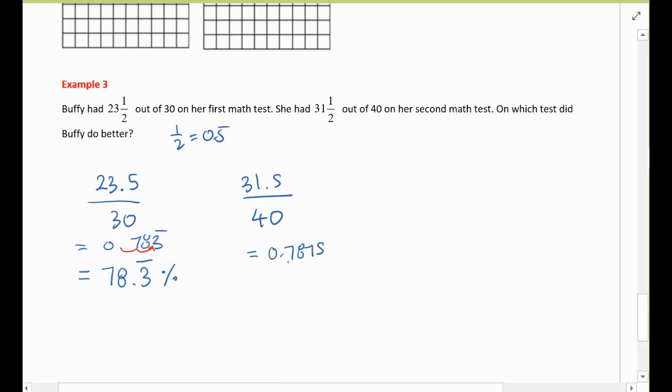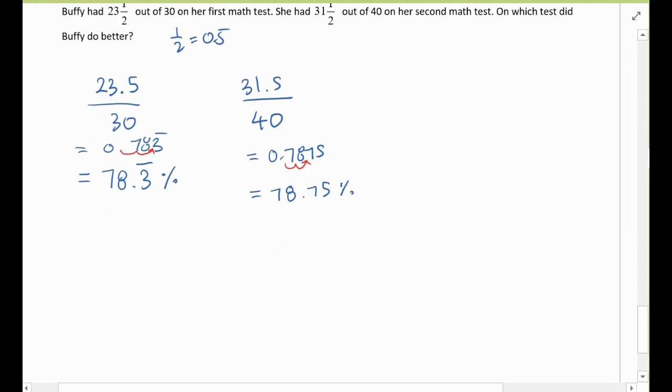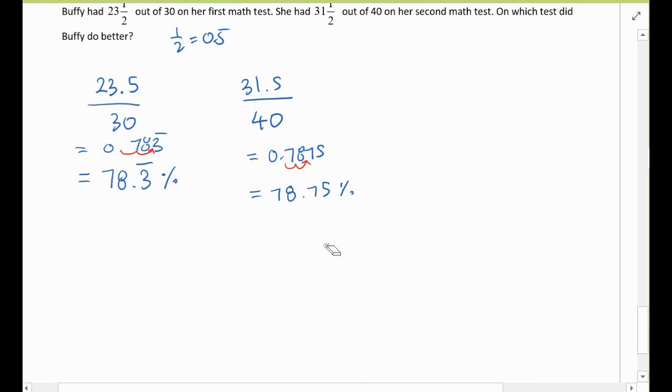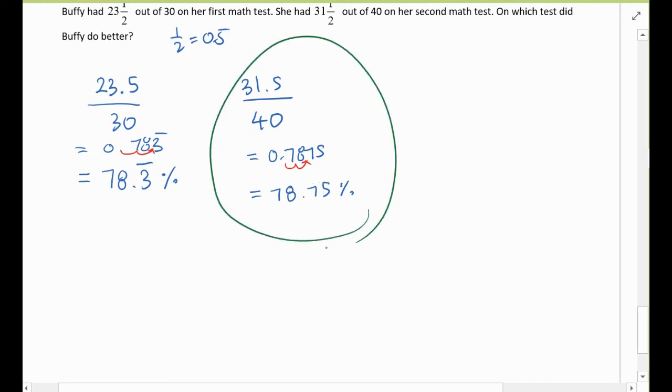Again, if you move two decimal places, that is 78.75%. Everyone, which one is greater? The second test is greater. You compare 3 and 7. 7 is greater. So the second test was better.